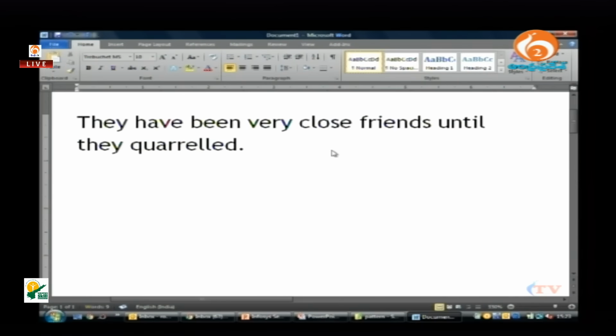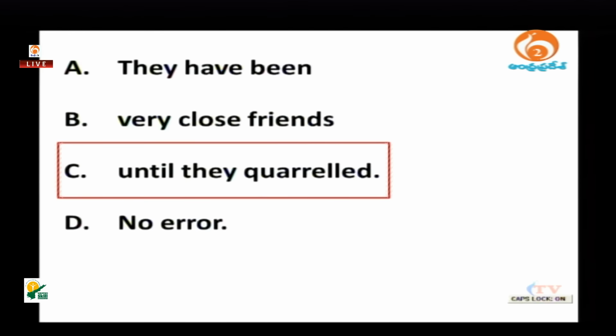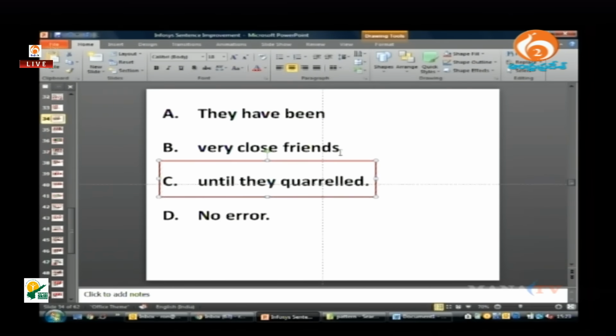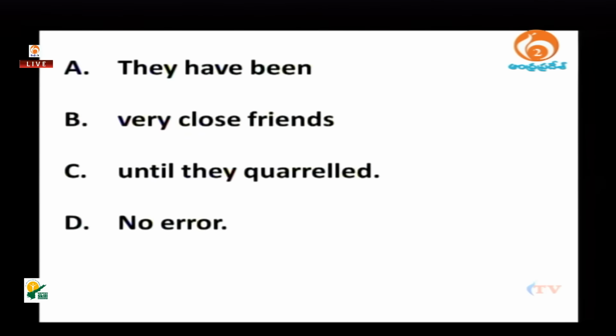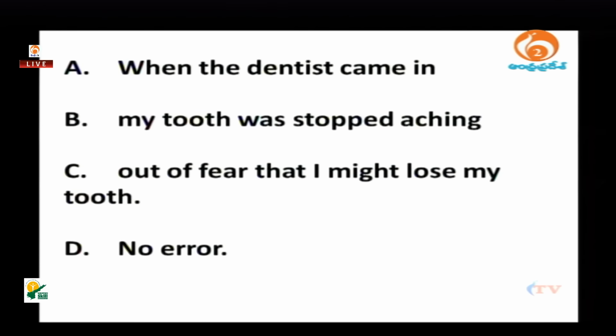Now, they have been, if I say that, means the recent past, and this fight has already happened. It's a past tense, which means I need to replace the have with had. That's why this will be my correct answer. The area where there is a mistake: they had been very close friends until they quarreled. Moving on to the next one.